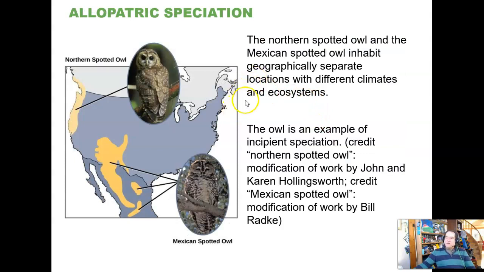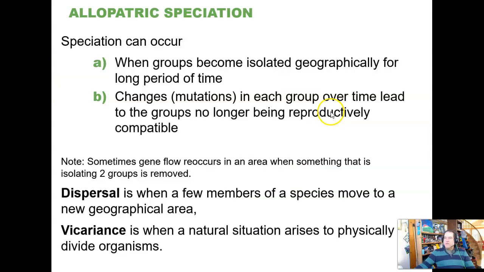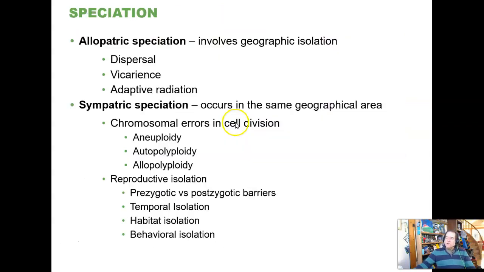Okay, so here's an example of allopatric speciation, northern versus Mexican spotted owls right here. Here's some more detail of what we mean when we talk about allopatric speciation. So I've talked about these ideas right here. Mutations in the time lead to reproductive isolation. So, all of this stuff goes together. So we can have an allopatric event. One of these things separates a population into 2 separate populations.